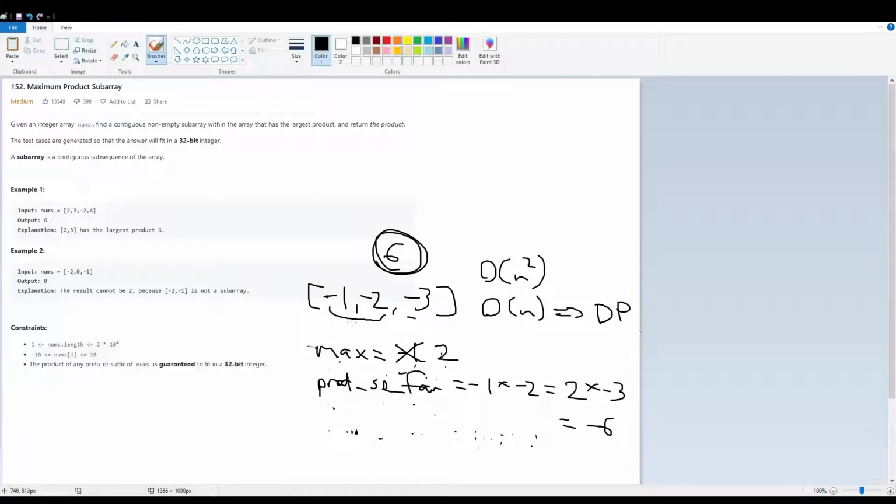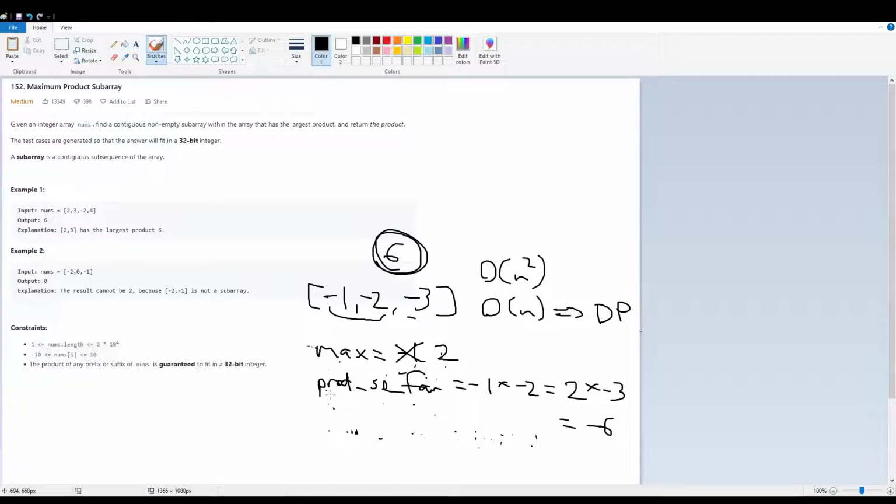Well, even though we calculated -1 times -2 to be 2, we didn't take into account that -2 times -3 would be 6. Okay? So we kept the max here as being 2, but we didn't take into account how -2 times -3 would be 6.